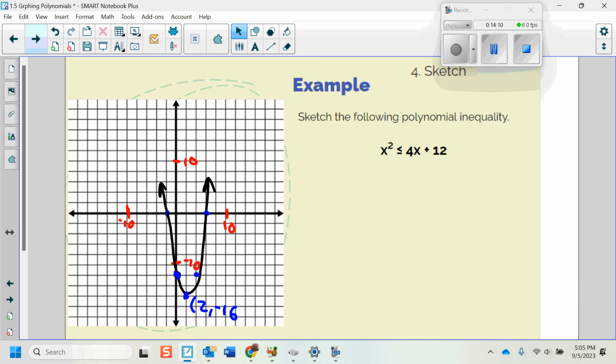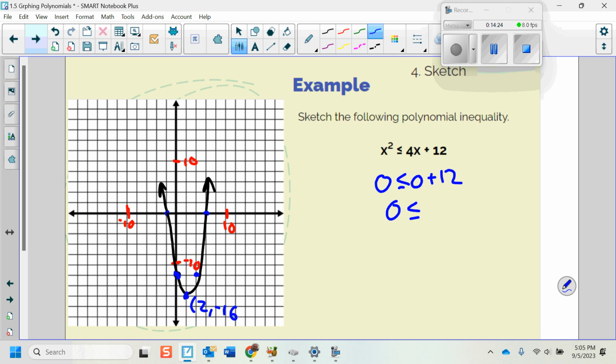But wait, this is an inequality. Now we do include the lines, but to graph it, remember, this is 0, 0. If I put in 0, 0, 0 is less than or equal to 0 plus 12. 0 is less than or equal to 12. Therefore, it's true here. That was my test point.